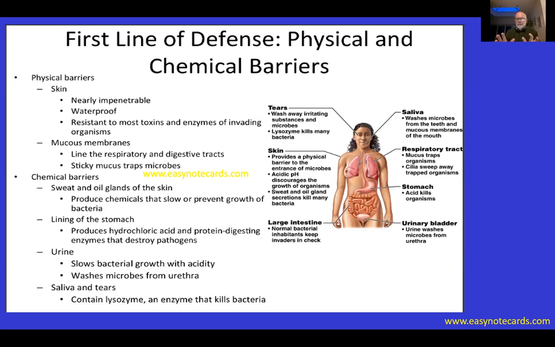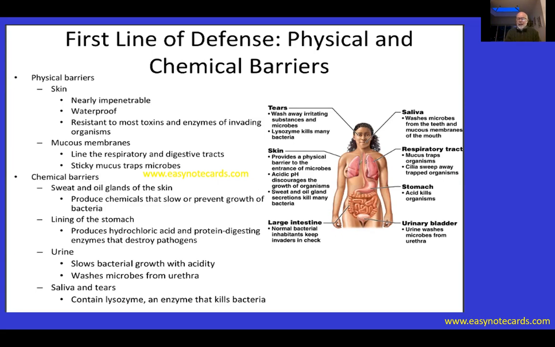Entirely up to you. Okay, so let's just quickly go through again these non-specific defenses. The skin is nearly impermeable, unless it's cut, it's waterproof, it's resistant to lots and lots of toxins and enzymes of the invading organisms.